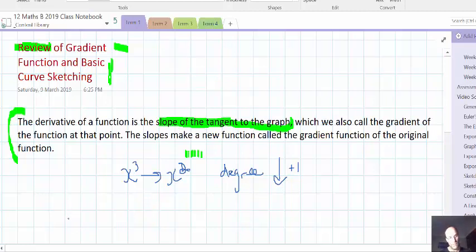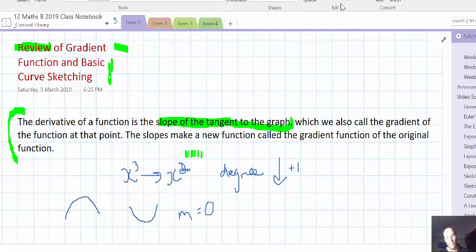Now if we talk about maxima and minima on the original function, that's when the gradient equals 0, and we can find out when the gradient function equals 0 for that. For that to happen, the gradient function must have zeros.